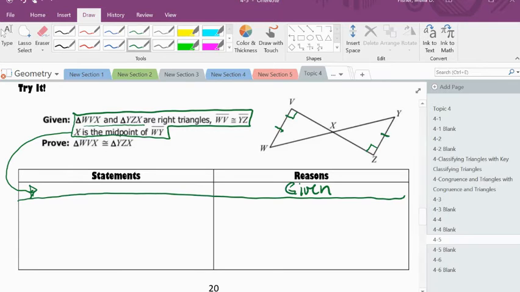And then it also told us that X is the midpoint. Because they told us that X is the midpoint, we can draw the conclusion that this piece is congruent to this piece. Now we need to actually write that out, that VX is congruent to ZX, and that is because of the definition of a midpoint.